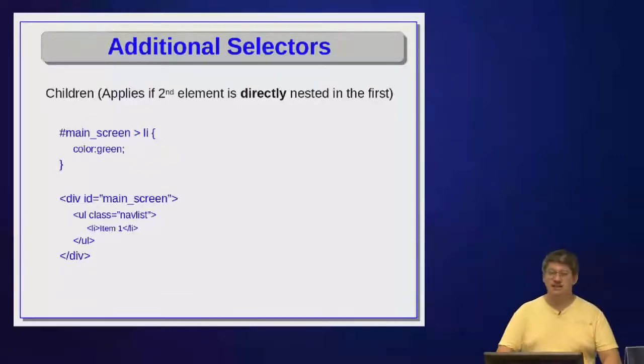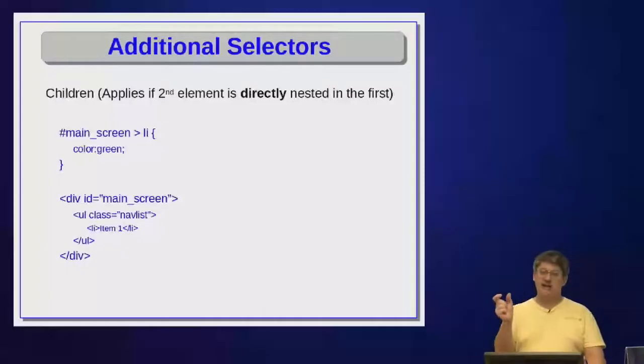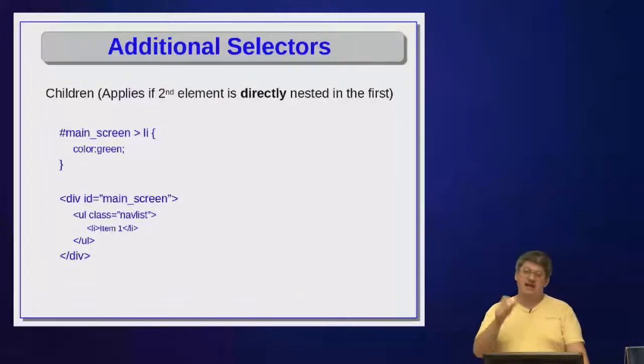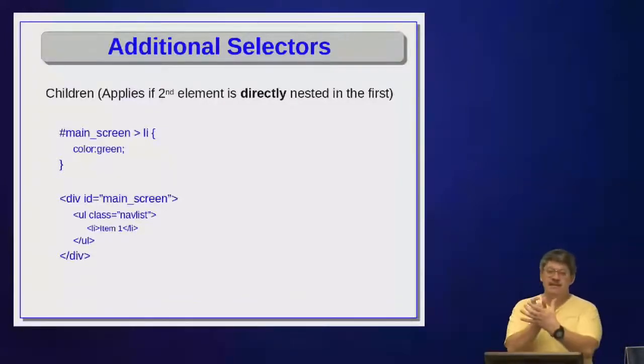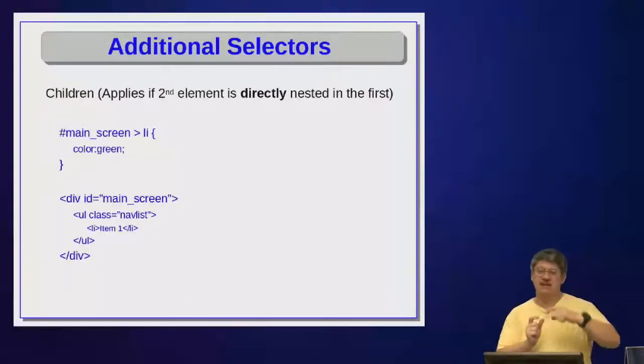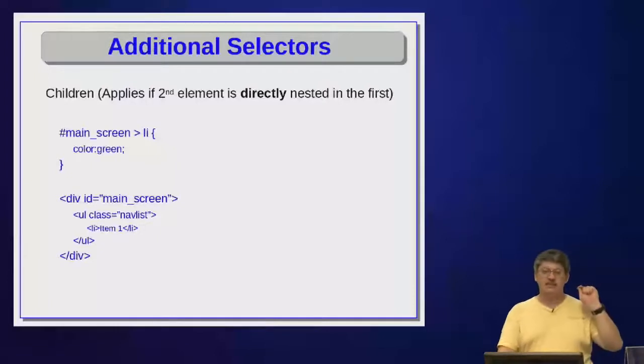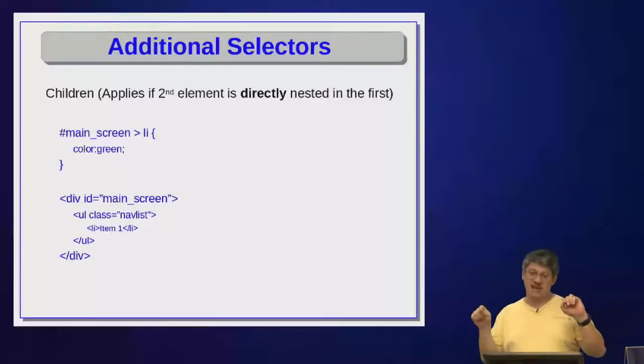So with nesting, as long as I had a tag with a particular ID inside a paragraph, it didn't matter if there were other tags in between. But if I want to specify a tag that's an immediate child that's directly nested inside another tag, I can use greater than. So for example, here I can say the element with ID main screen directly contains a list item, and if that's the case, color it green.